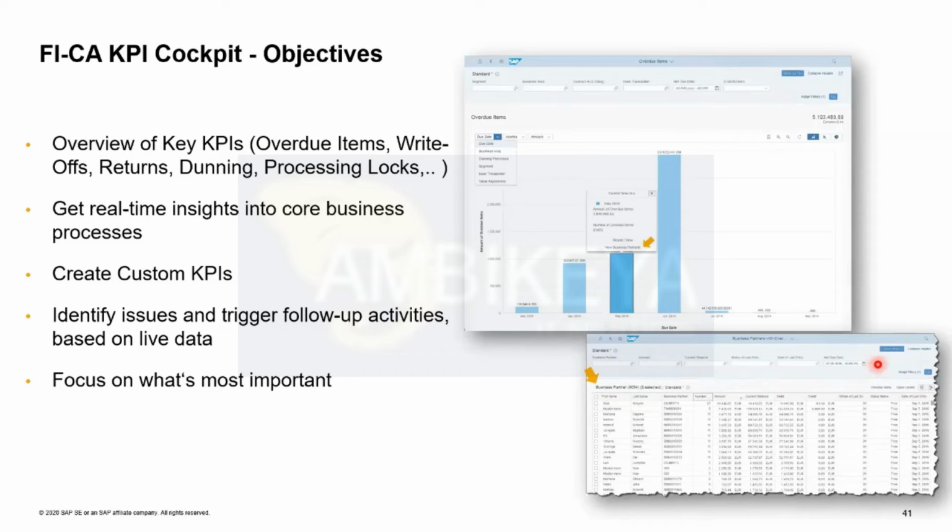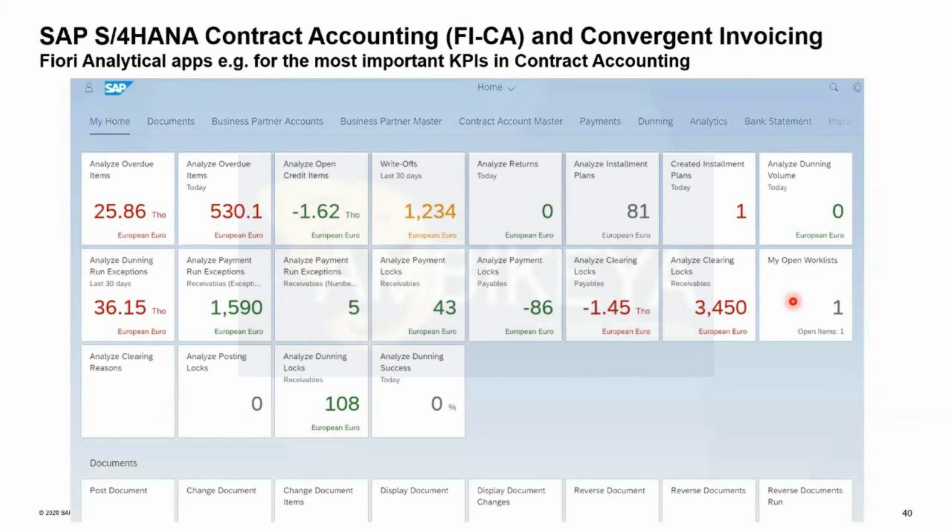You can describe in the work list what needs to be done, and then you have here your open work list app and can check the progress on the work list.